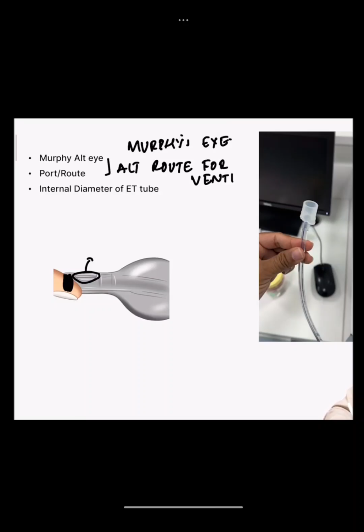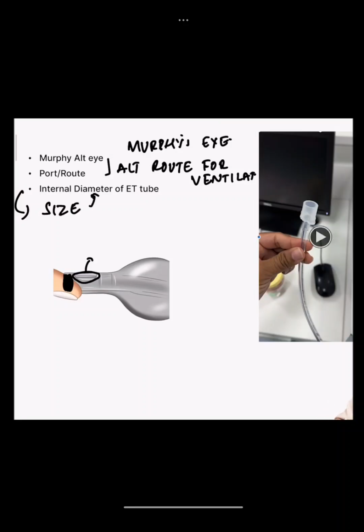Now remember, guys, whenever I say that I'll be putting a 7.5 size tube or 8 size tube or 9 size tube, what does that size mean? Guys, this has been a question many times. This came as a question many times. Whenever I ask the size of the tube, the size is not the length of the tube, it is the internal diameter of the endotracheal tube.